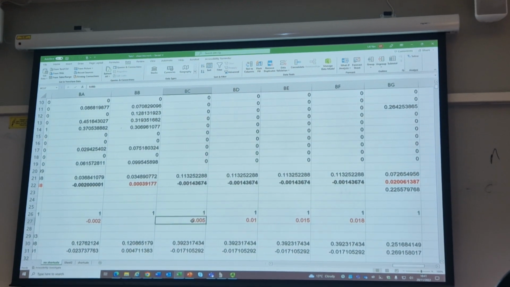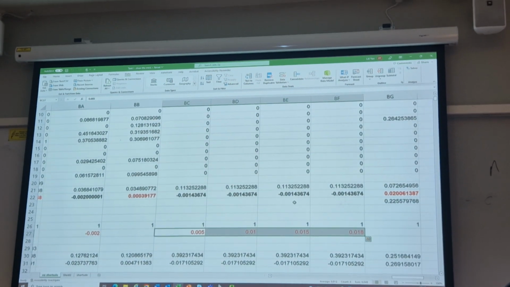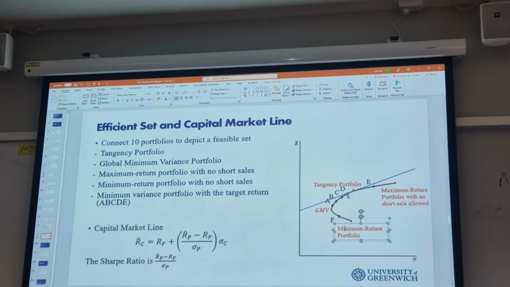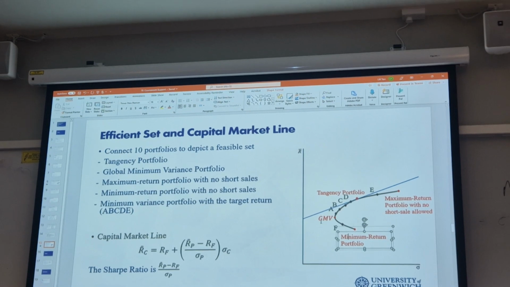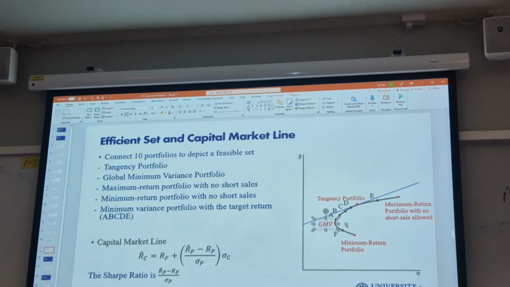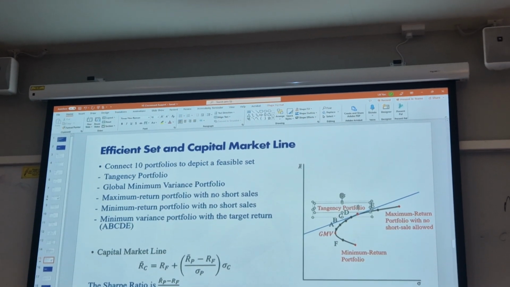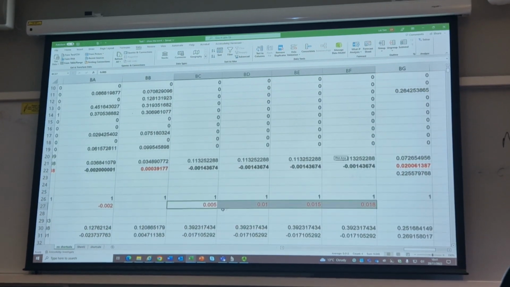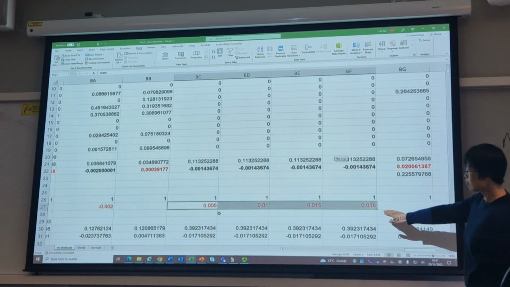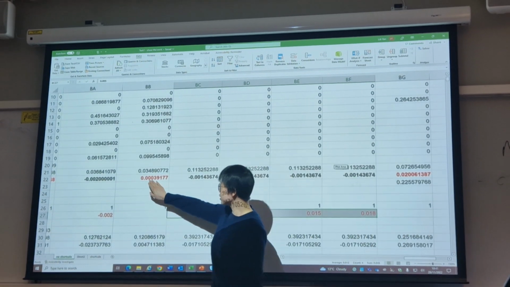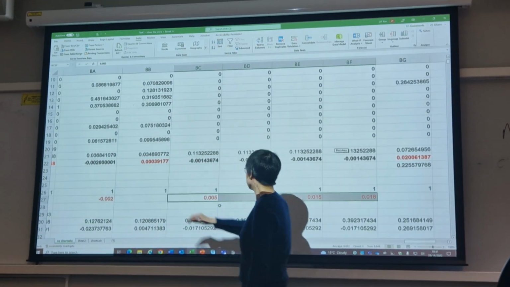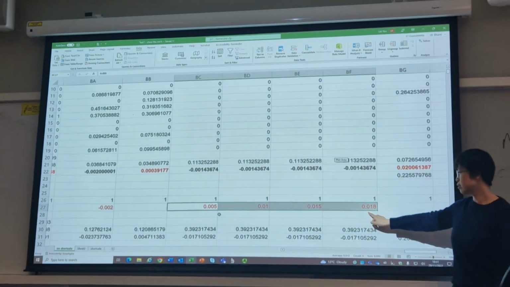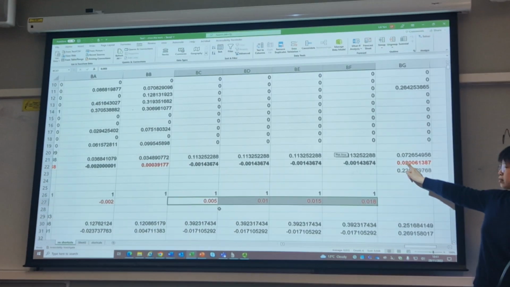Similarly, when I constructed these 4 portfolios, I also need to set the target return for these four. These four portfolios lie in between the global minimum variance portfolio and the tangency portfolio. So we can see that the target return that I set here is in between the return of this one and the return of this one, 0.018 below 0.02.